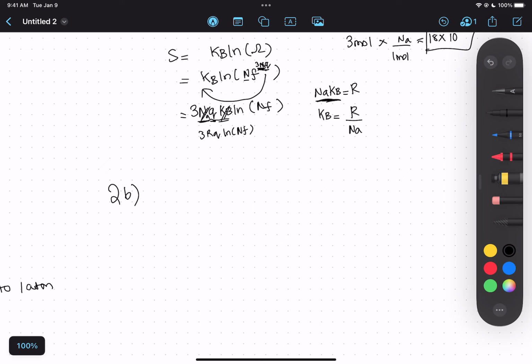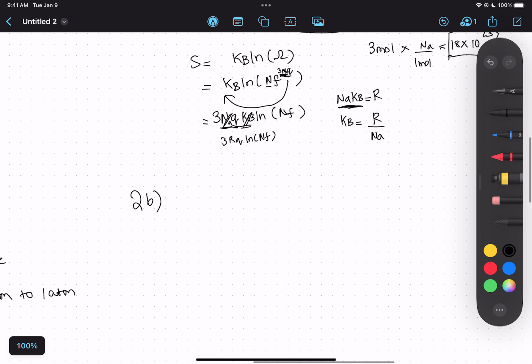So now they just want you to figure out what delta H is, basically, right? They gave you temperature, 25 degrees Celsius, right? They gave your delta G value. And let's see here, what else do you have? And from part A, you would essentially have your delta S, right?